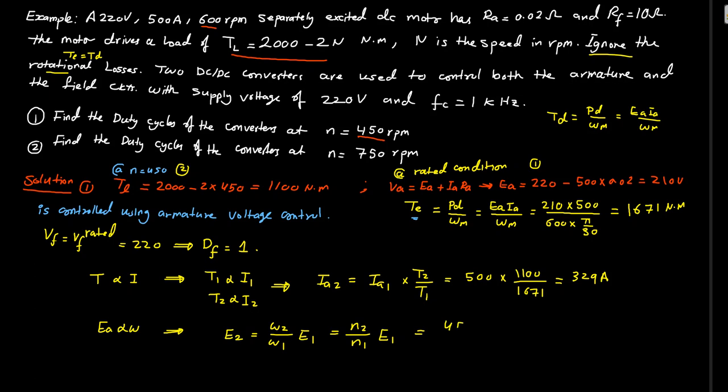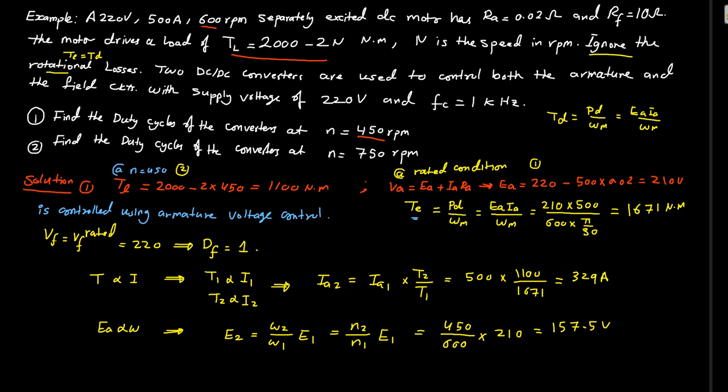N2 is 450 over N1, the rated speed of 600, multiplied by the rated back EMF, which is 210. If we do the math, this will equal 157.5 volt.